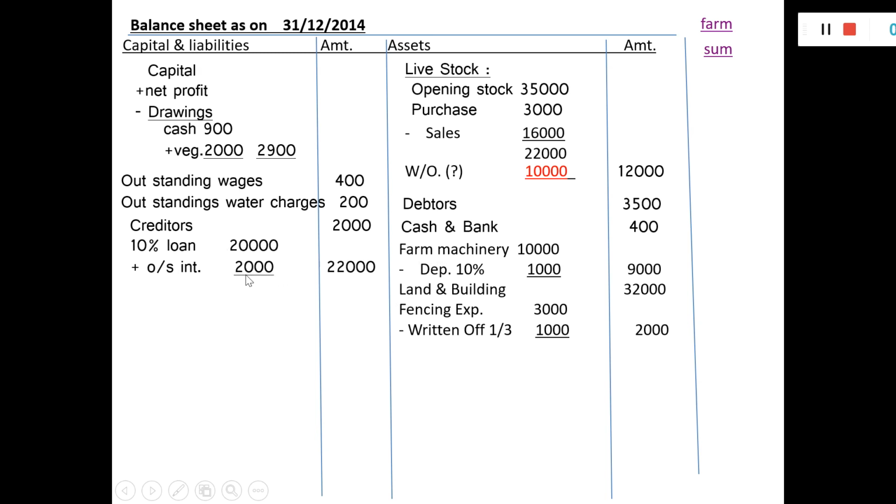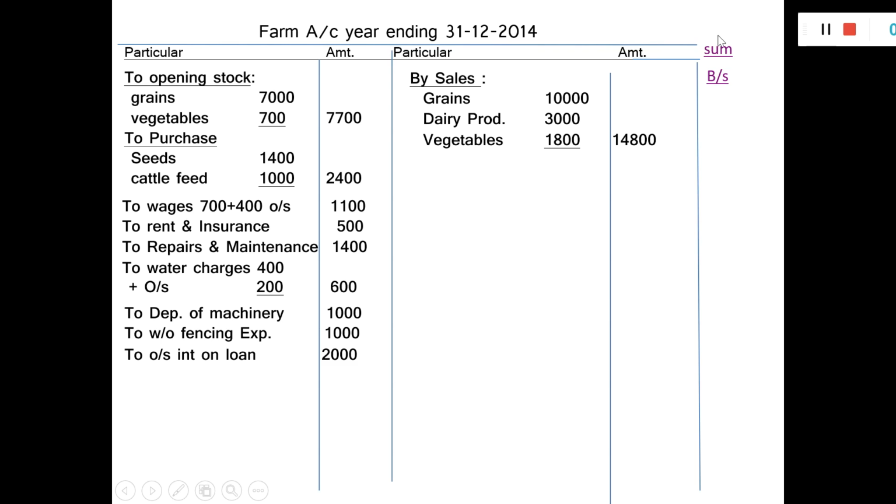Second effect for the outstanding interest on loan 2,000, that effect will be given as an expense in the farm accounts. Here is outstanding interest on loan 2,000.